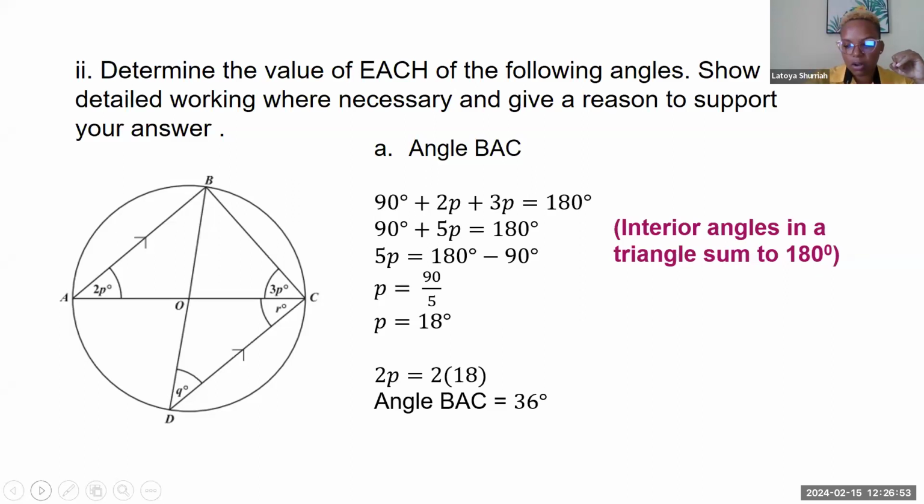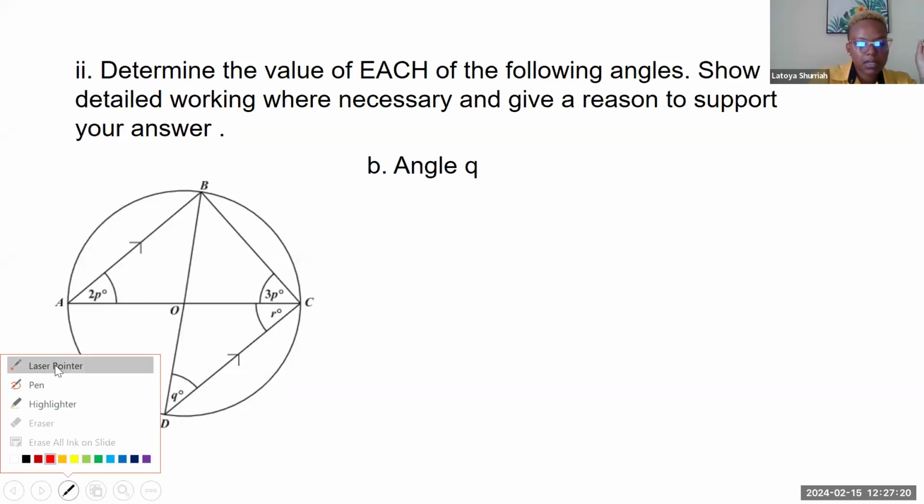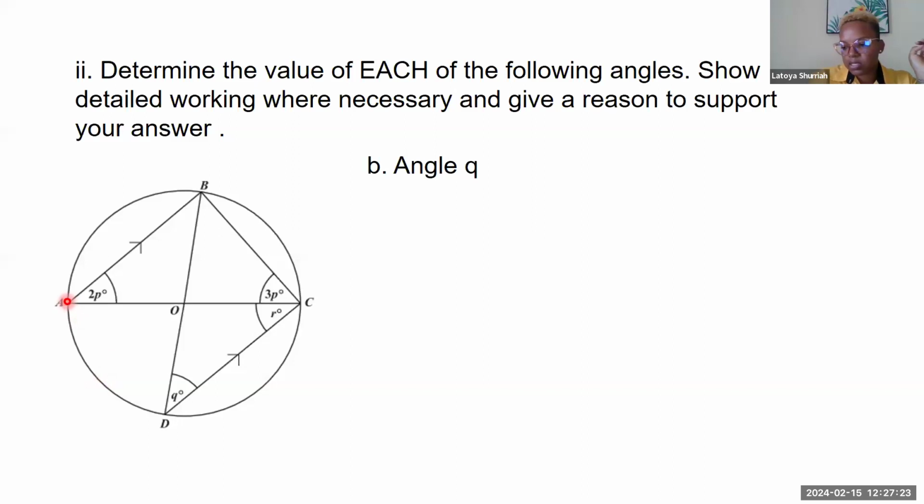Rashida, is it a question or a comment? So you're asking if A, B, C, and I want somebody to help me help Rashida.